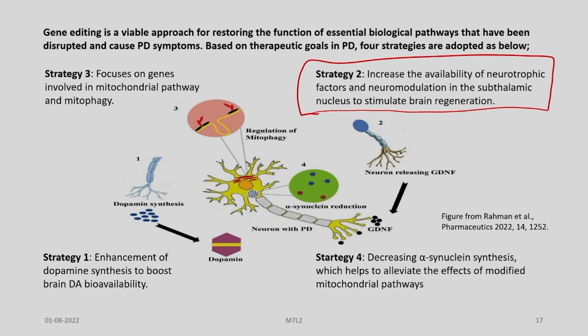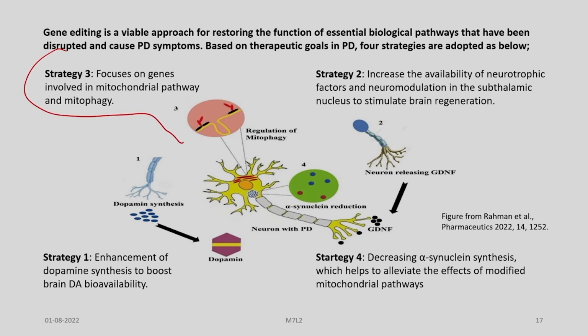And strategy number 3 is to focus on genes which are involved in the mitochondrial pathway and mitophagy. The last strategy focuses on decreasing alpha synuclein synthesis, which would help to alleviate the effects of modified mitochondrial pathways.